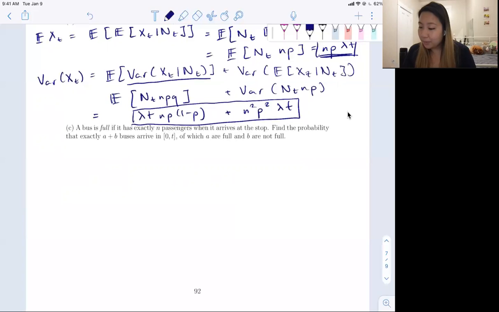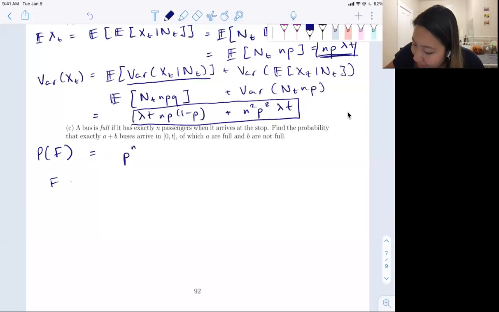So the probability that a bus is full, for just a single bus, is n choose n times p to the n, since we just succeed every time. So it's actually just p to the n. That's the probability it is full, where F is the event of full.